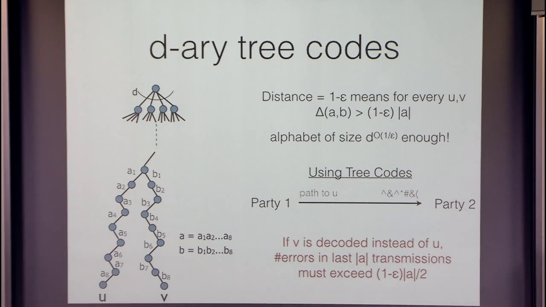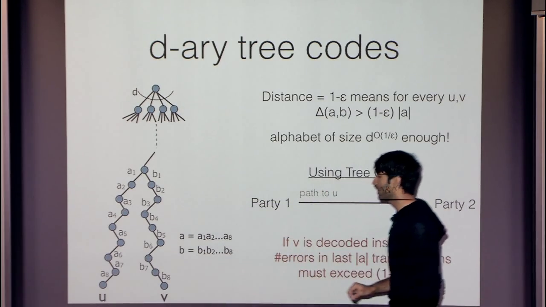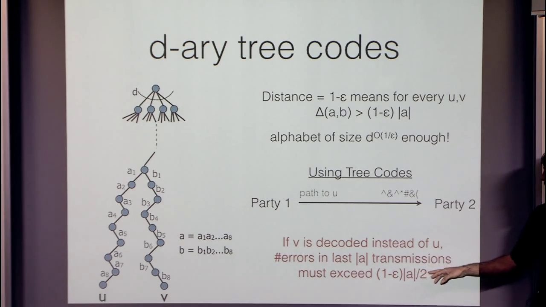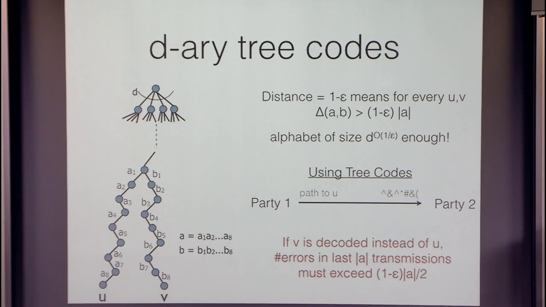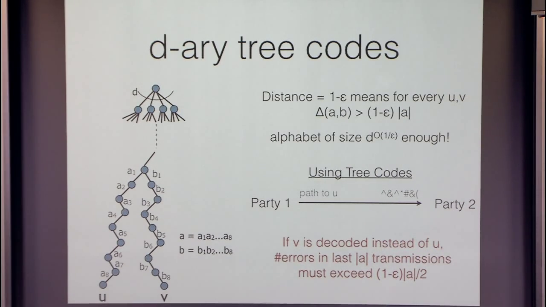It must be that the fraction of errors in this part where u and v disagree must be at least (1 minus epsilon) over 2 times the length of that part. So that's the crucial feature we'll use. If the second party decoded v instead of u, then you know something about the suffix where u and v disagree: there have to be lots of errors in just that part.